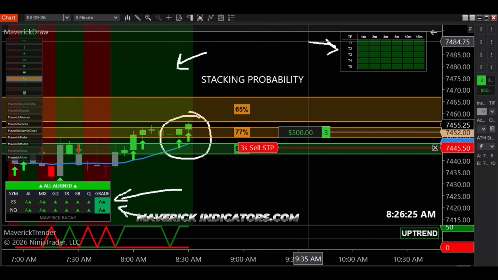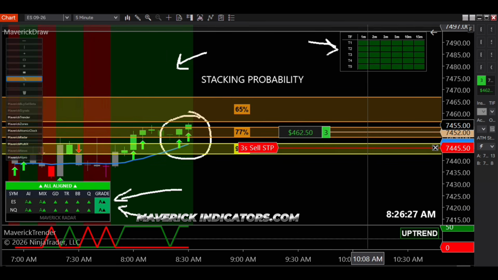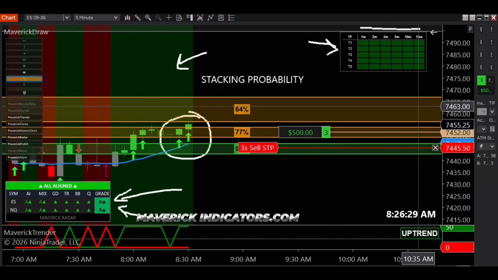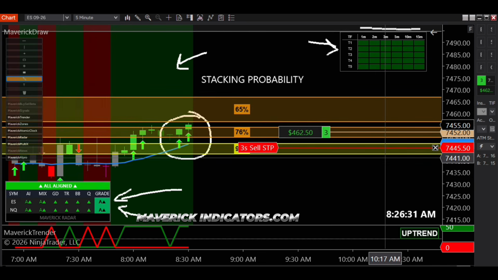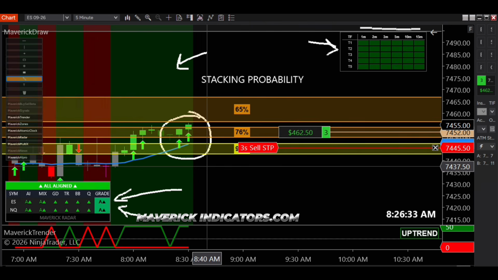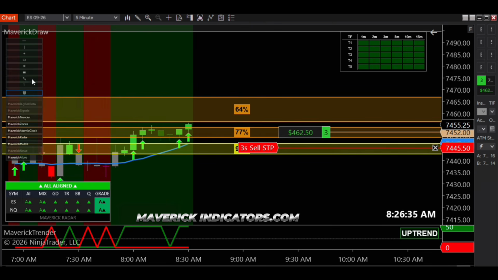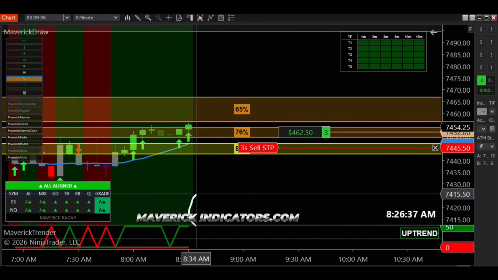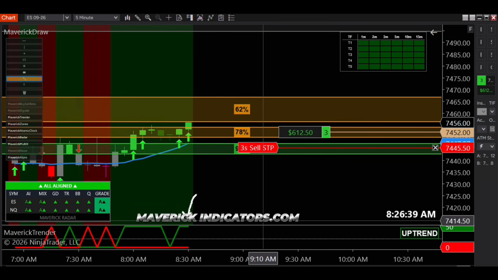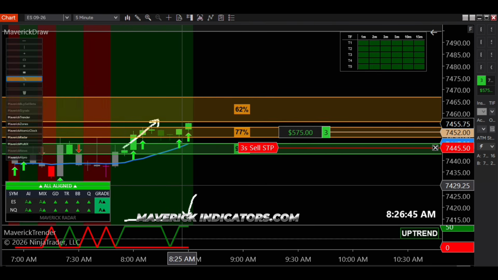All 5 traders are voting bullish across 6 time frames. Absolutely insane, right? So we're stacking the probability in our favor, okay? Then the Maverick Trender, this is another indicator we give you free in the Ultimate Edge bundle. This is pegged to the top. When this line is pegged to the top, it shows massive strength and momentum.